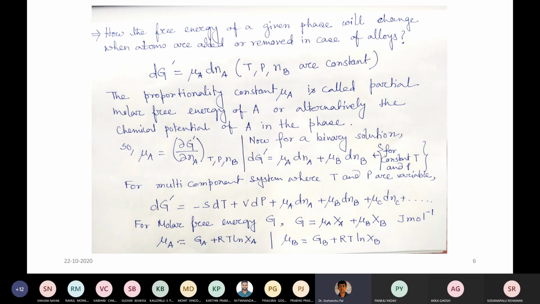So that part is over. Now we can answer the question of how the free energy of a given phase changes when adding elements in the case of alloys. It is through the representation of chemical potential that we can understand the concept.